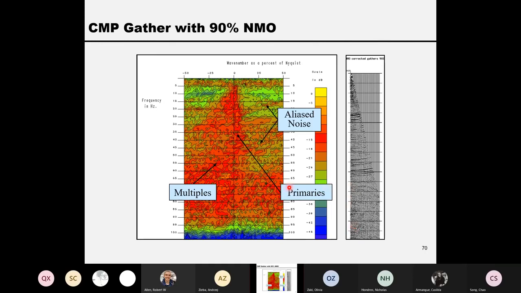Let's see the detail about the 90% NMO velocity. That's the data we showed before. After the correction, you overcorrected the parameters, and this is in the FK domain. In the FK domain, this is the vertical axis, frequency, and the horizontal axis is wave number from -50 to +50.